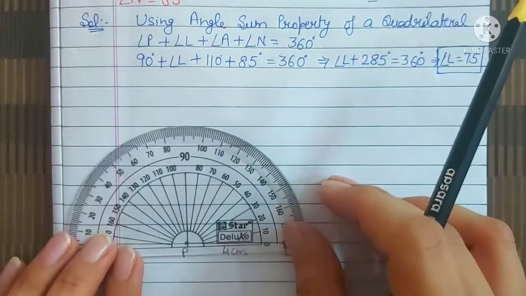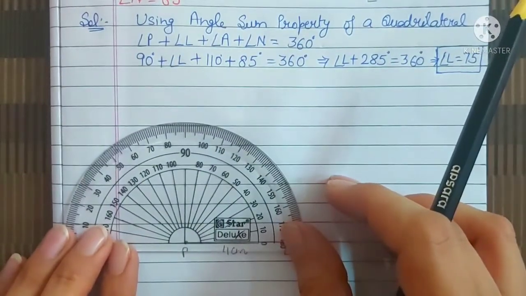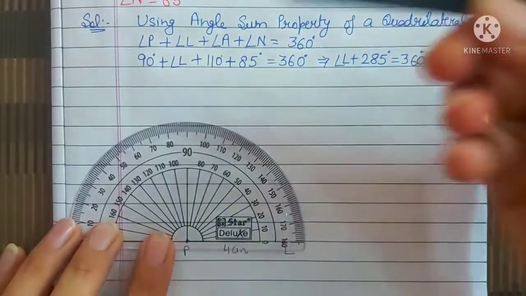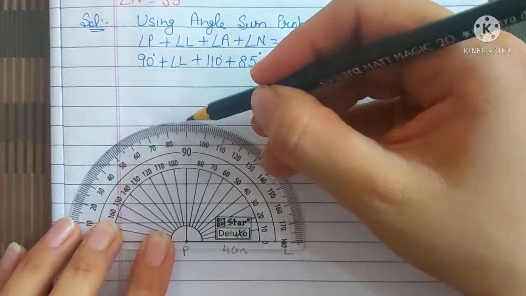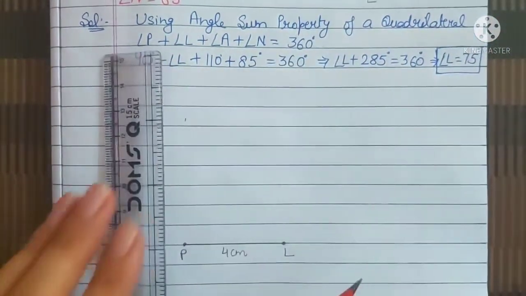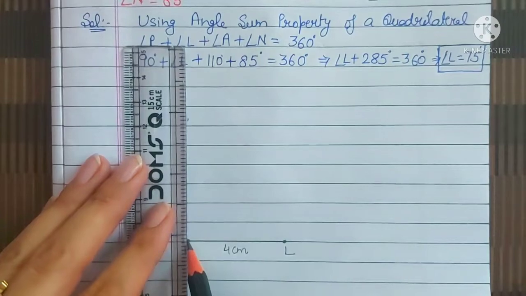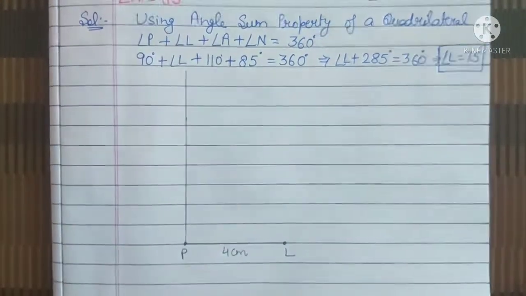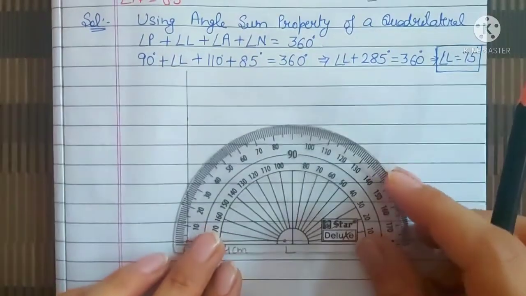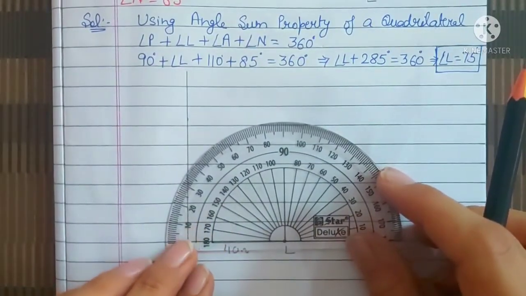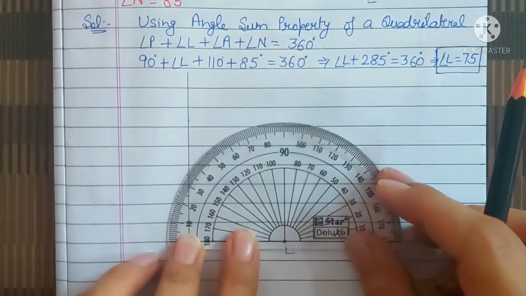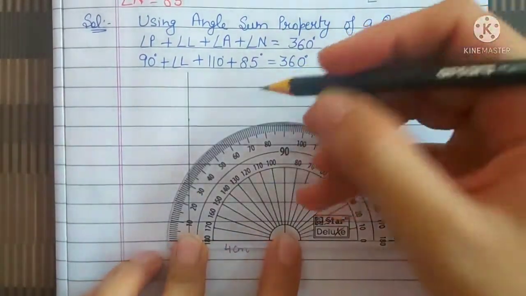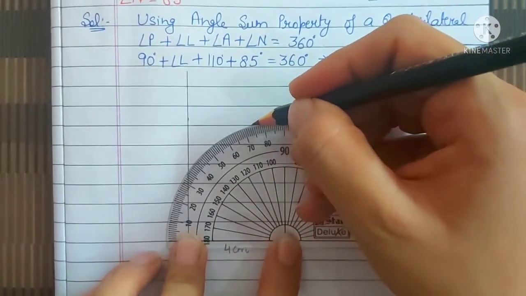So let's draw it. At point P, 90 degrees, here it will be, and at point L, 75 degrees, here it will be.